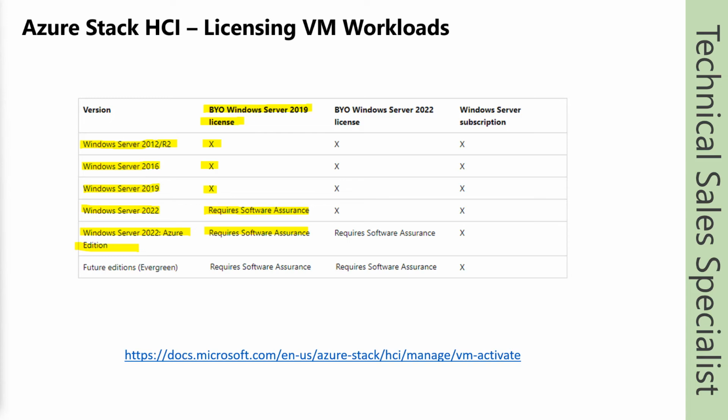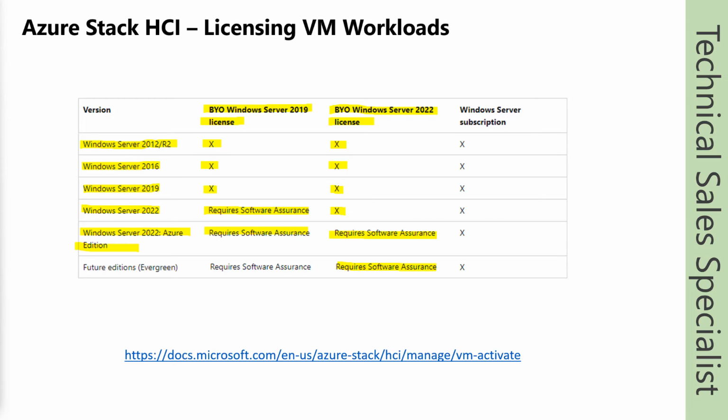For sure, if we use the Windows Server 2022 bring your own license, then we can use downgrade rights for previous versions, and we can use in the VMs Windows Server 2022 without any additional subscriptions. But keep in mind that software assurance gives you additional usage rights that also bring advantages in this Azure Stack HCI scenario.